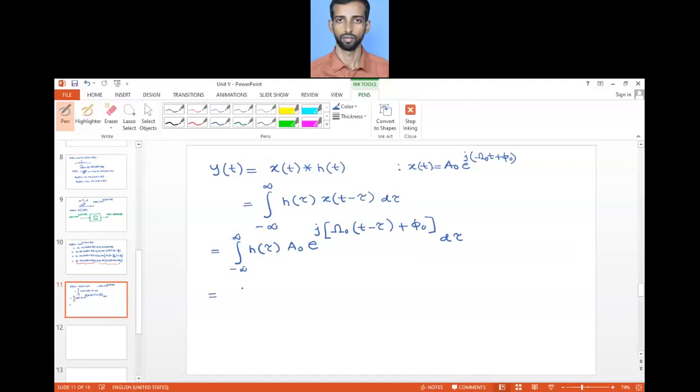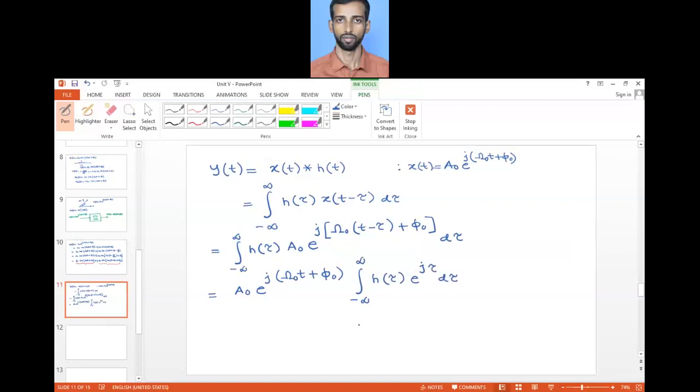First one is obviously this a naught. Then you have e to the power j omega naught t plus phi naught, which is completely independent of tau. And what is left is the integral from minus to plus infinity of h of tau, then e to the power minus j tau d tau.